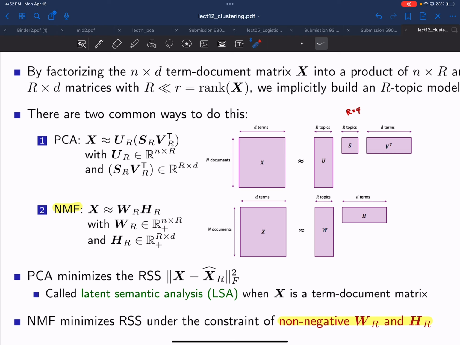Because there's an extra constraint, you're not going to fit the matrix as well as PCA will, because you're trying to do everything PCA is doing, plus you're saying, by the way, you can't give me any negative values. So it has a harder task, and it gives you a different answer.